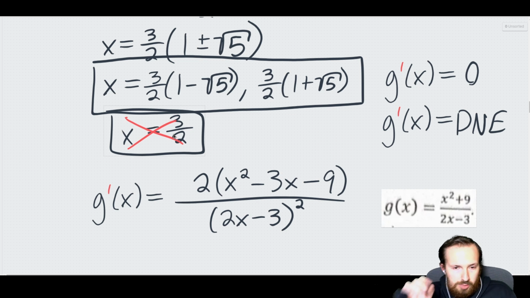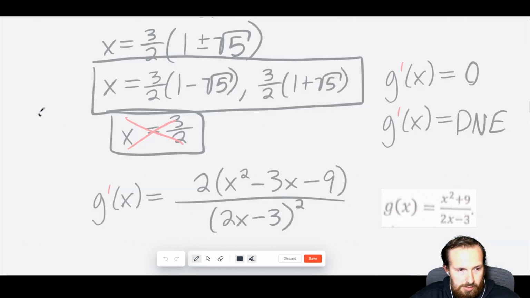The definition of a relative maximum is a point where the y value is higher than all of the values right next to it. And a relative min is basically the same definition, it's just less than. A relative min is a point that has a y value that's less than all the y values right next to it.